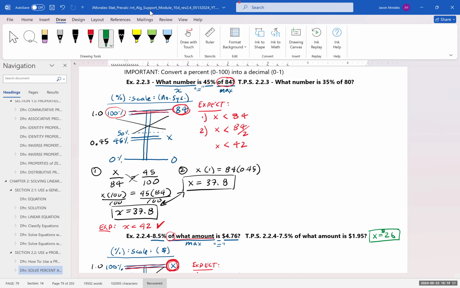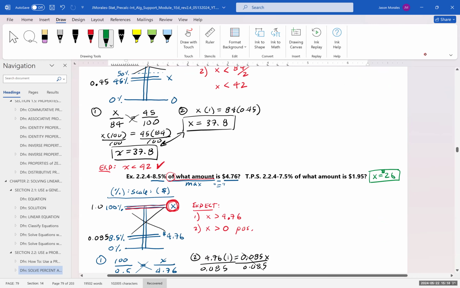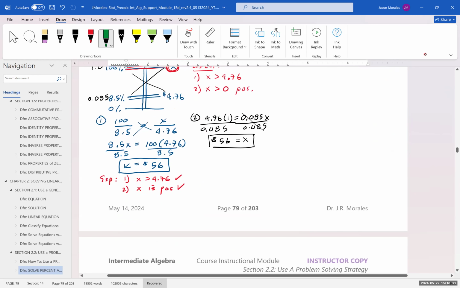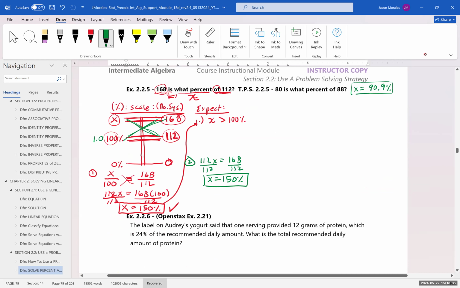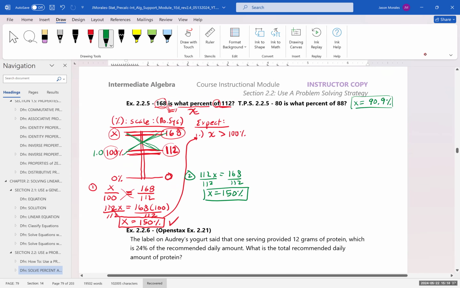And this top one is x equals 28. Okay, so we'll end this video, and the next video will have answers to these three, and I'll just go over those, and you can compare your answers to mine.